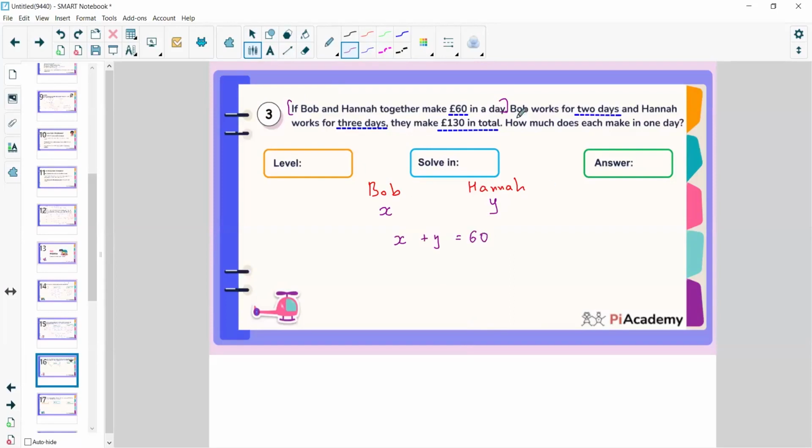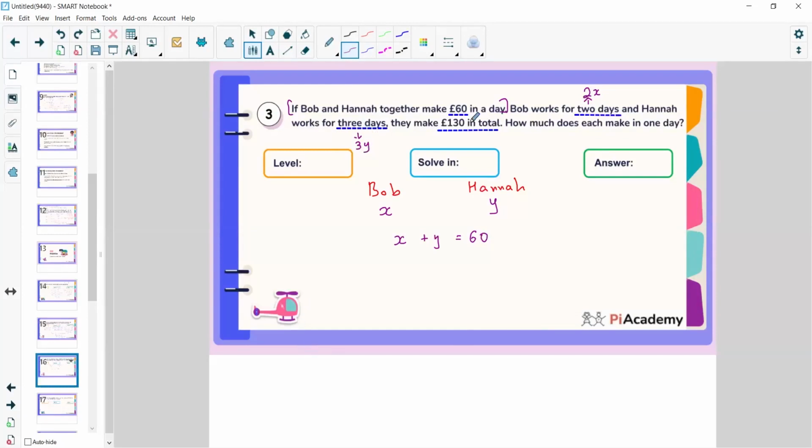Right? And what is the second equation? Bob works for 2 days. Hannah works for 3 days. Okay. So if Bob works for 2 days, what will be the earning of Bob? 2x, isn't it? Each day he earns x pounds. So for 2 days, he would be earning 2x. And for Hannah, for 3 days, it would be 3y.